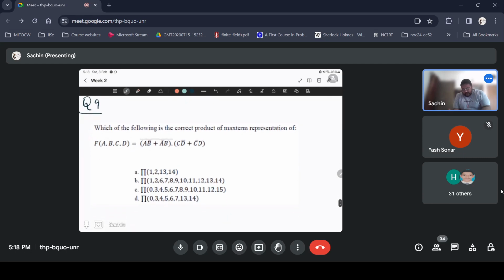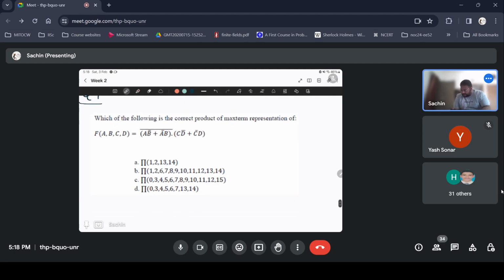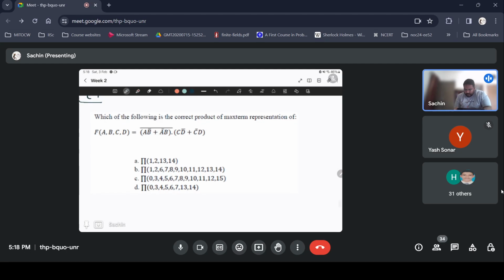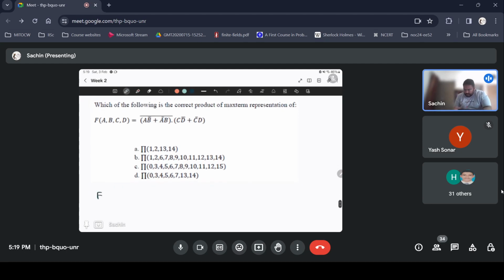Which of the following is the correct product of max term representation of this expression? So let's write it out. F is, first we use De Morgan's law on this term. What do we get? (A B bar) complement and (A bar B) complement. That's what we get. This can be thought of as (x plus y) whole bar, which is equal to x bar and y bar.